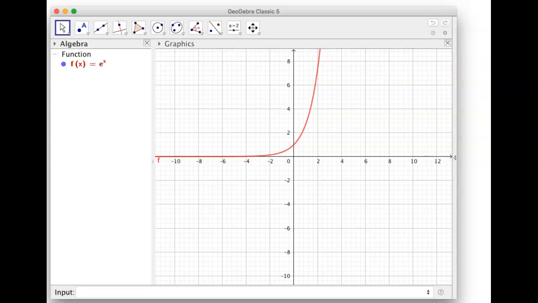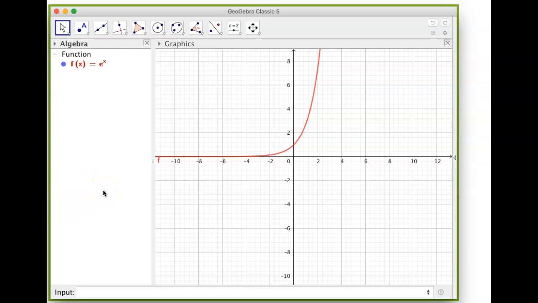All right, so e to the x is an interesting function that's exponential growth. It's about 2.72. And it's a function who, wherever you look at its slope, the y value at that point is actually equal to the slope. So if I look at f of 0, I get 1. So the slope at 0 equals 1.